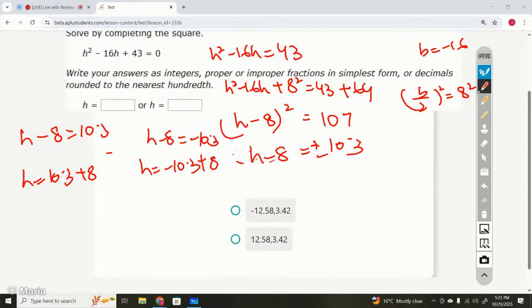So negative 10.3 plus 8 equals negative 2.3.